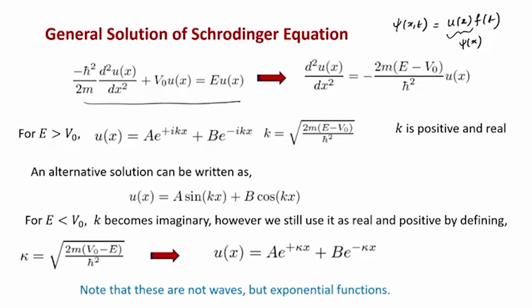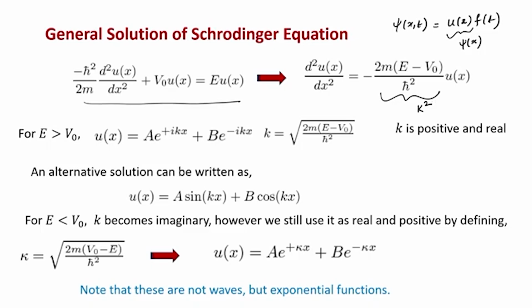So, this is the equation for a constant potential V0, and E is the total energy. You can write this equation as a second order linear differential equation, where the double derivative with respect to space is equal to minus some constant which we call k².